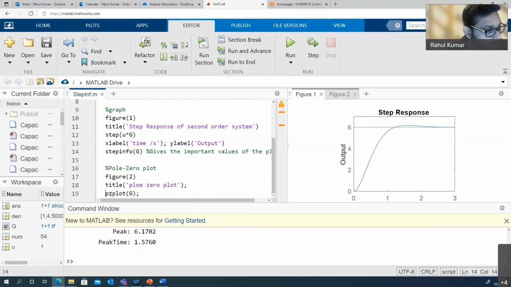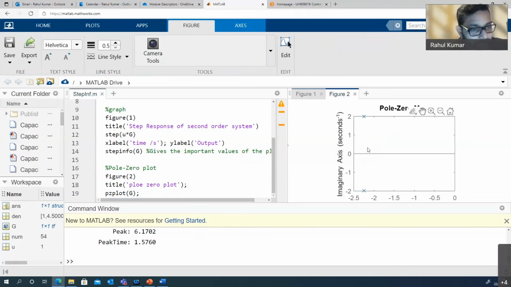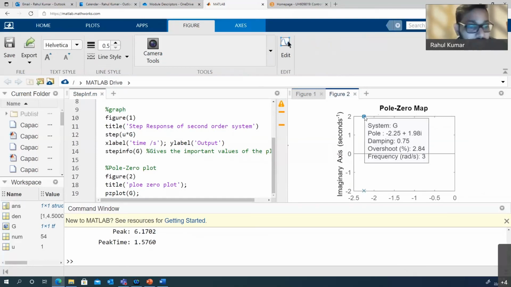Now I have also plotted the pole-zero plot. For plotting it, you can use pzplot, and within brackets again you should mention the transfer function. Since we have run the code already, as you can see, this is your pole-zero plot. It has very nicely plotted the crosses representing the poles, and if your system has zeros, it will also plot the zeros.